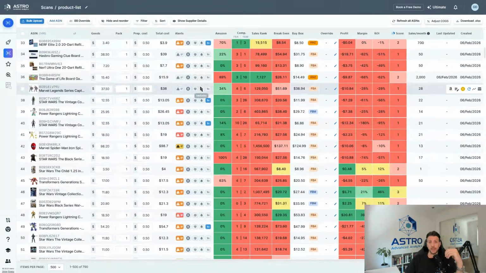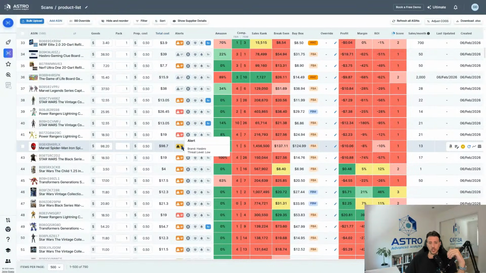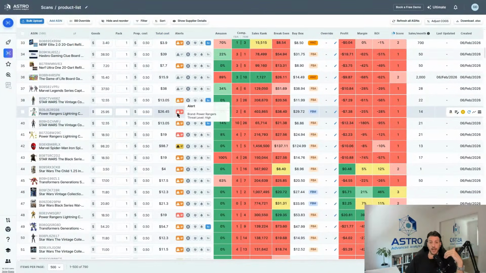Yeah, well, we have a database with the IP alert. Just to show you, there are 3 levels of IP alerts. We have yellow, which is a low-level threat. Then we have orange, middle-level threat, and red, dark-level threat. Basically, we have a database of the way companies have reacted and how hard they've gone after sellers who sold their products.